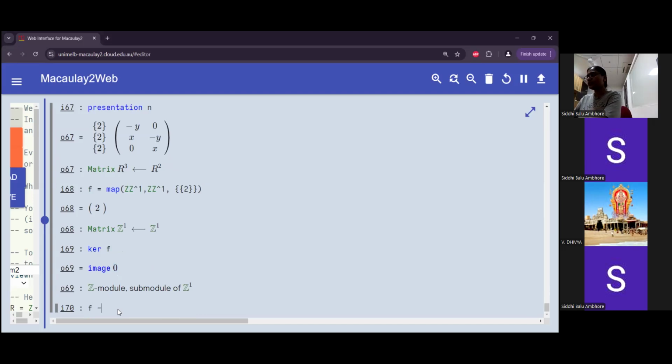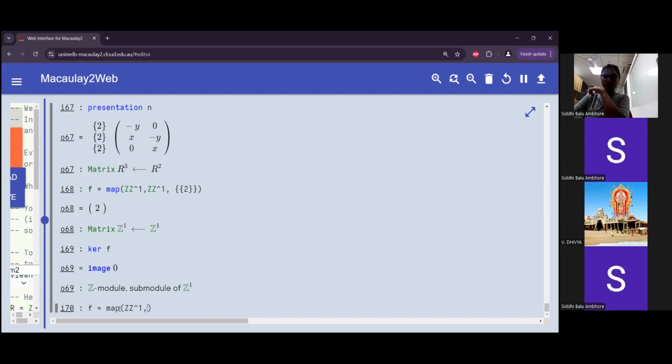Okay, but if I do this, f is equal to map, I know we are over time, but still this is Z, Z power 1 to Z square. Okay, we are going from Z to Z.